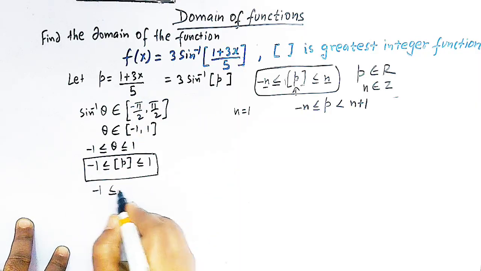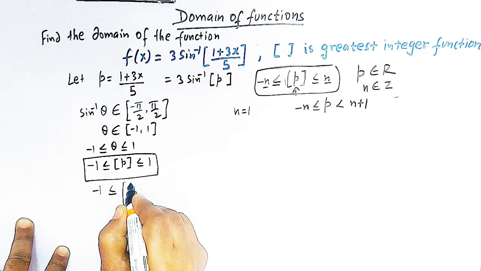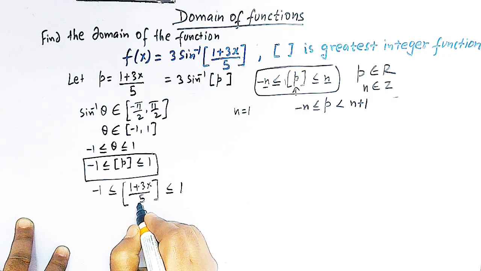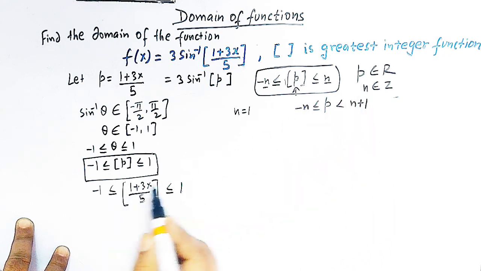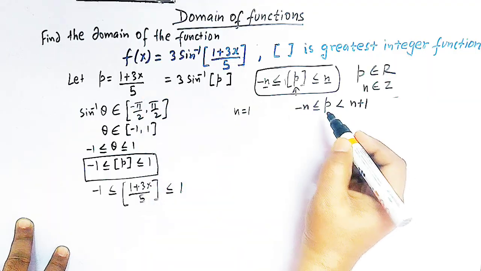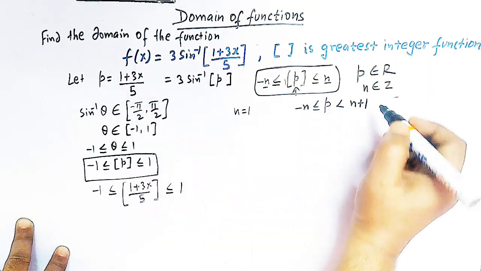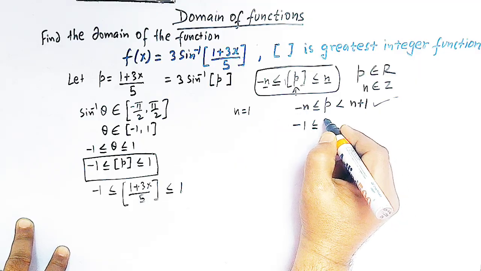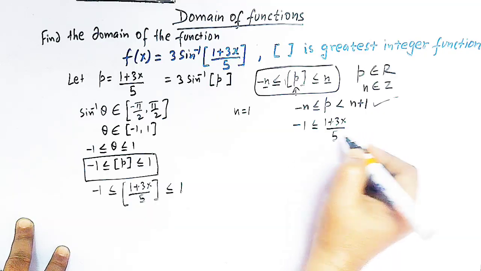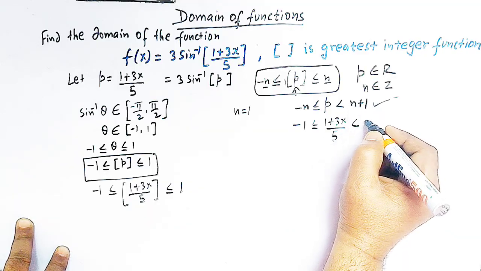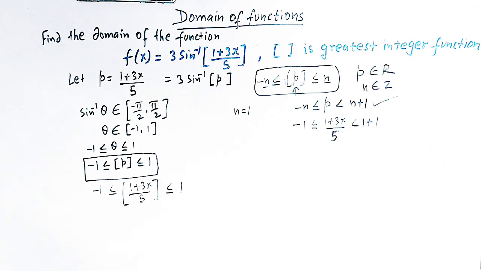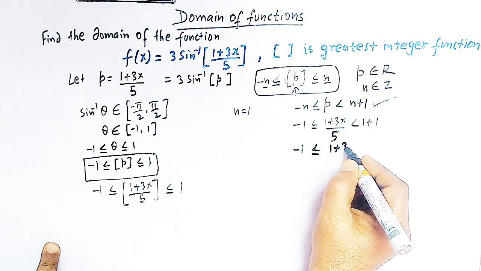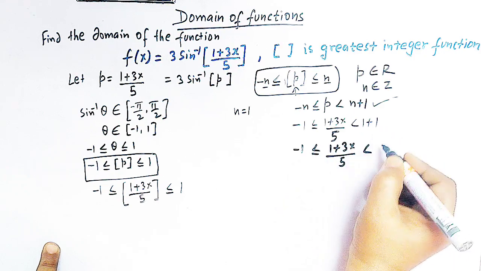Substituting the value of p, we have minus 1 less than or equal to 1 plus 3x over 5, and here we have n plus 1, that is 1 plus 1, which is 2.